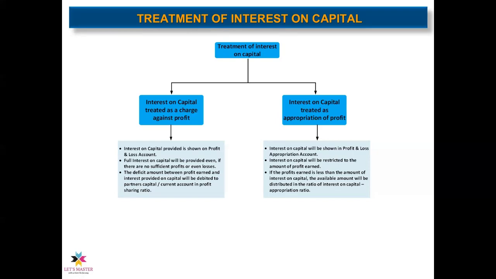Whereas if the interest on capital is treated as an appropriation of profit, it would be shown in the profit and loss appropriation account, because now we are allocating some part of the profit to the interest on capital account.